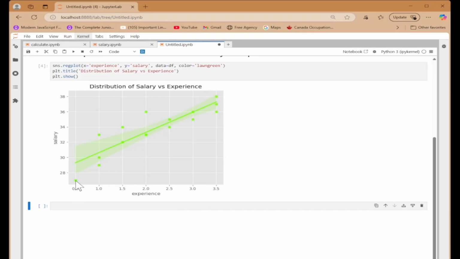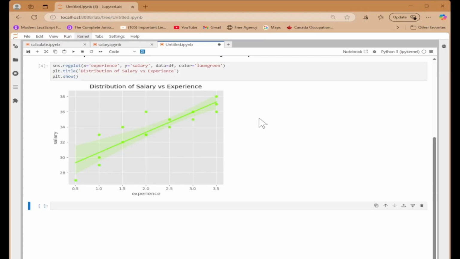And lower experience, 6 months, 27,000. See, 1 year experience, 28,000, 29,000, like that. So the relationship is clear, although it is not very tight, because not all points are lying on the trend line. I can see only one point lying on the trend line.